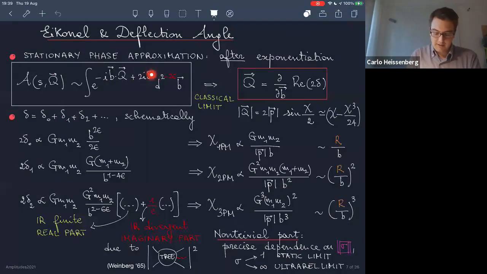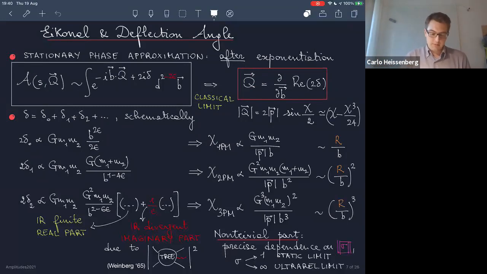Let me remind you that delta is a classical quantity, so it's large in the sense that 1 over h bar is large in the classical limit, and therefore the integral is dominated by the stationary phase approximation, which determines this classical momentum transfer Q as the derivative of the real part of the Eikonal. So here, the difference between this momentum Q and the small q I was talking about earlier becomes apparent, since Q is a classical quantity, while the small q, the perturbative momentum transfer, is of order h bar over b.